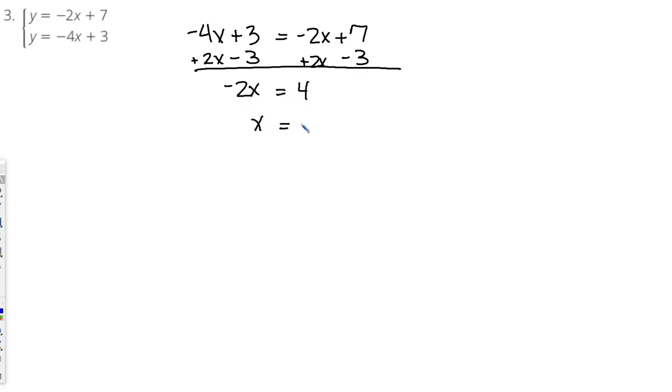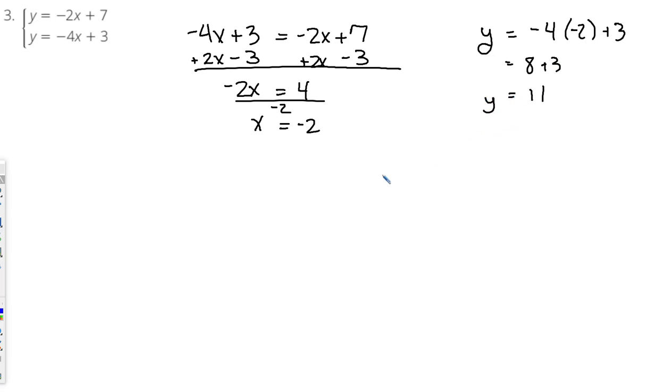So x is therefore equal to negative 2, and I divide both sides by negative 2. And then we plug it in. And so we have y is equal to negative 4 times negative 2 plus 3. So 8 plus 3 is 11. So the ordered pair is negative 2, 11.